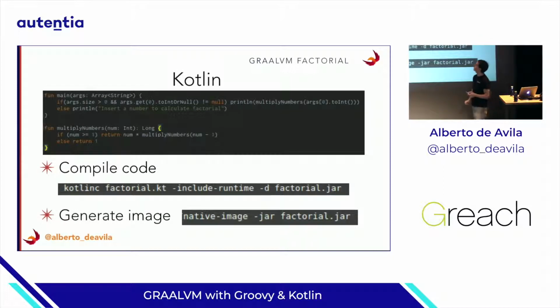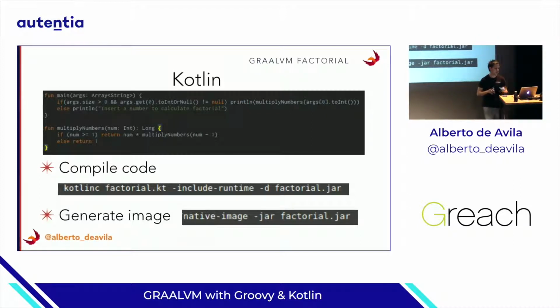How can we do this with Kotlin? I think it's easier than the Groovy way. The code example is the same, with the syntax in Kotlin. So when we want to compile our code, we call kotlinc, passing the factorial class and generating a jar file.